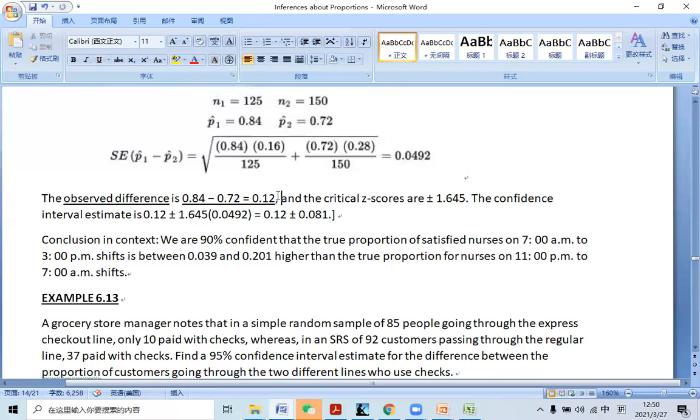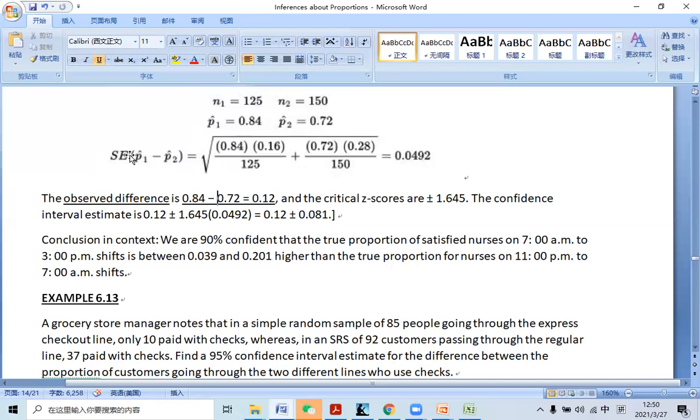You need the standard deviation for the distribution of differences in proportion between the two samples. So here's how you get it. We call it a standard error when we try to estimate the standard deviation.